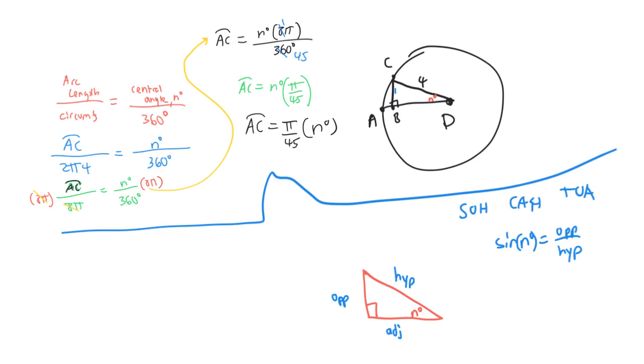There's another concept called cosine, where the cosine of an angle n degrees is equal to adjacent over hypotenuse. There's a lot to say about what this means.